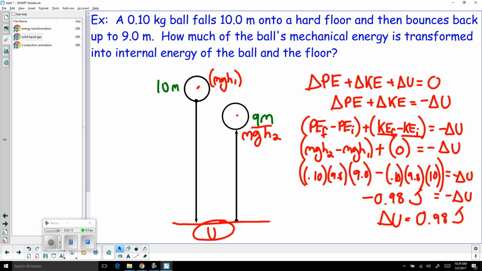So if we had a thermometer, we would find that the floor got slightly warmer when the ball hit the floor and bounced back up, which is the reason the ball did not return back up to its original height.